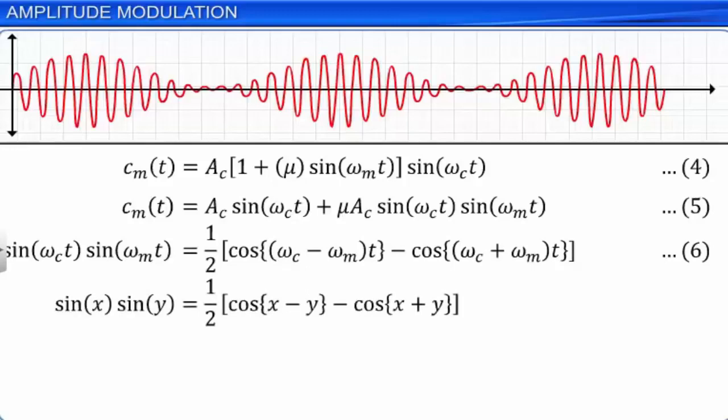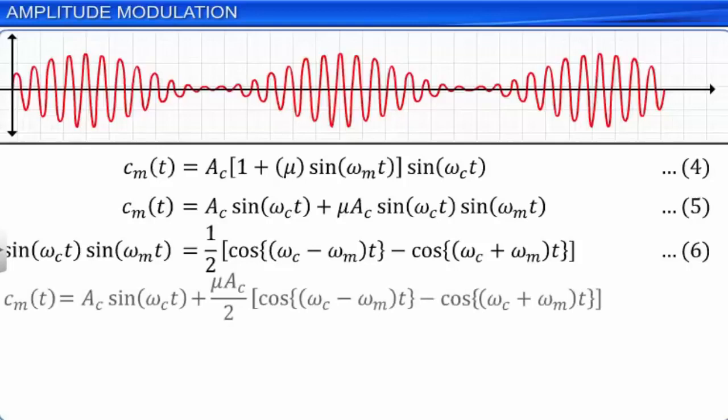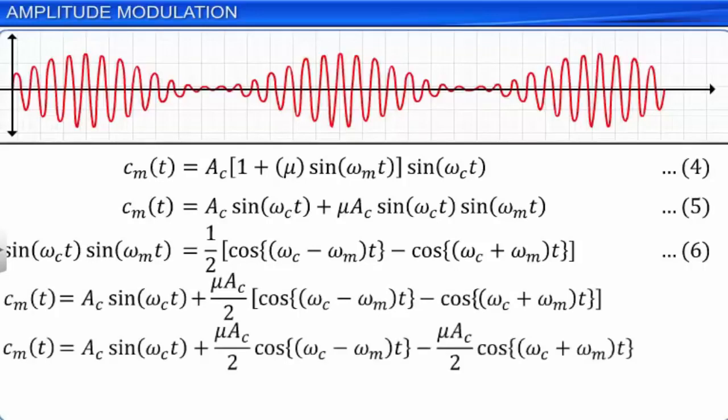Substituting the value of sin omega c t into sin omega m t from equation 6 in equation 5 and simplifying, we get equation 7. The difference between the angular frequencies of the carrier wave and the message signal in equation 7 is called the lower side frequency of the modulated signal.